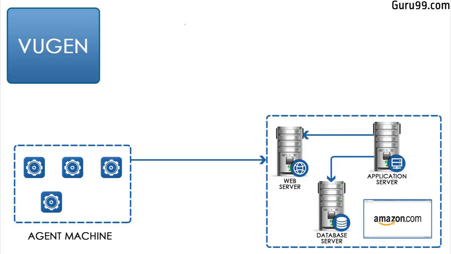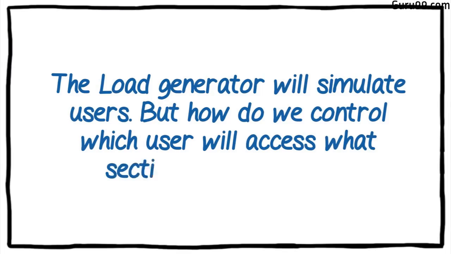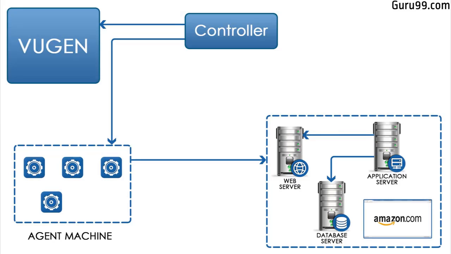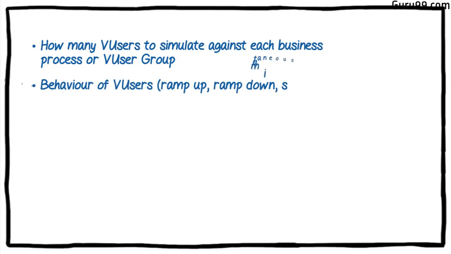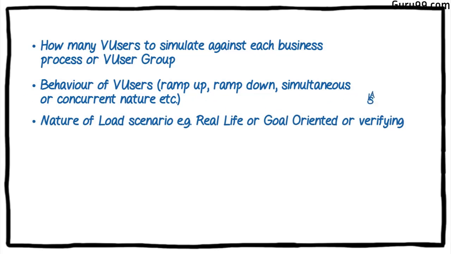Problem number 3. The load generator will simulate users, but how do we control which users will access what section of the website? Enter the controller. The controller is the primary component of Loadrunner, which controls the load simulation by managing how many V users to simulate against each business process or V user group, behavior of V users, ramp up, ramp down, simultaneous or concurrent nature, etc. The nature of the load scenario, for example, real life or goal-oriented or verifying SLA.